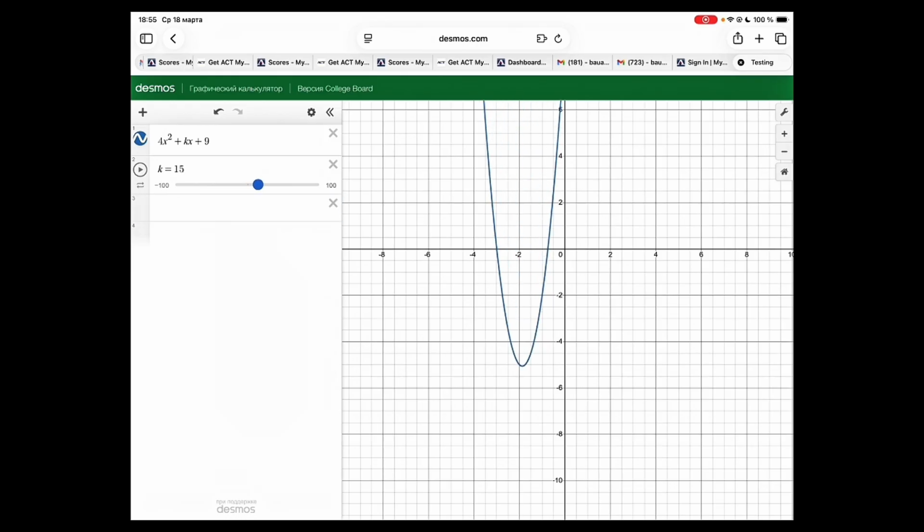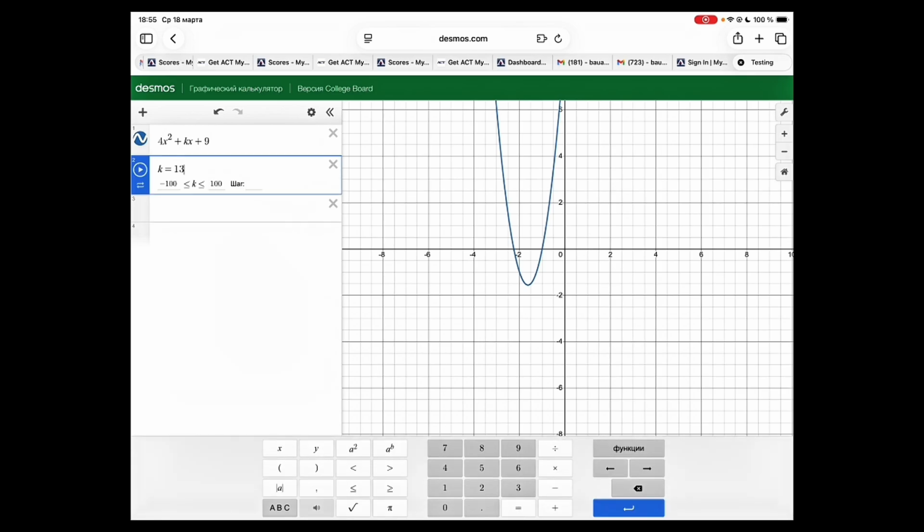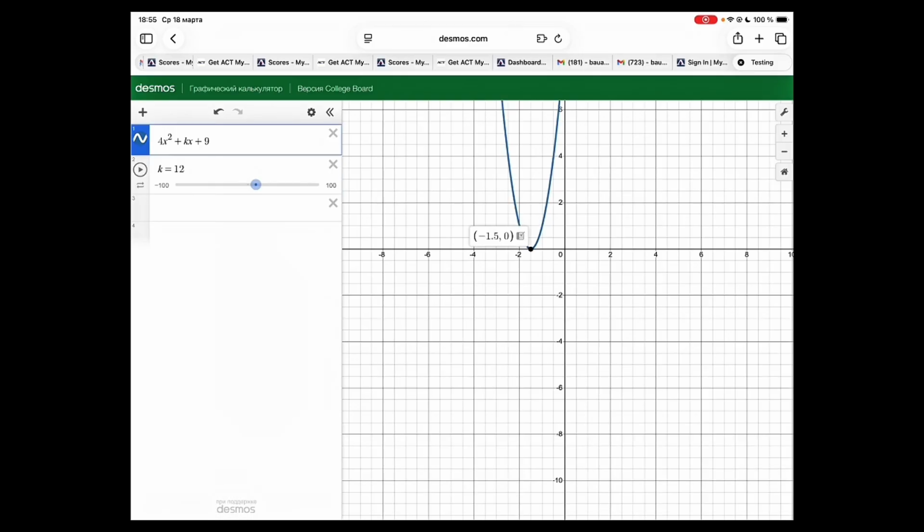As you can see at k equals 12, this graph is crossing the x-axis at 1 point, which means it has 1 solution. So graphically, the quadratic is going to have 1 solution when it crosses the x-axis only 1 time. Now it's in the 12.